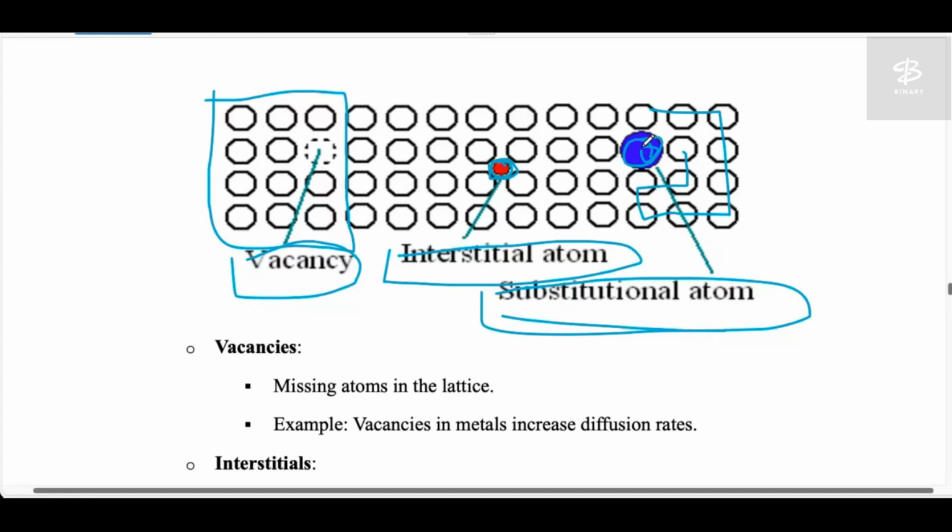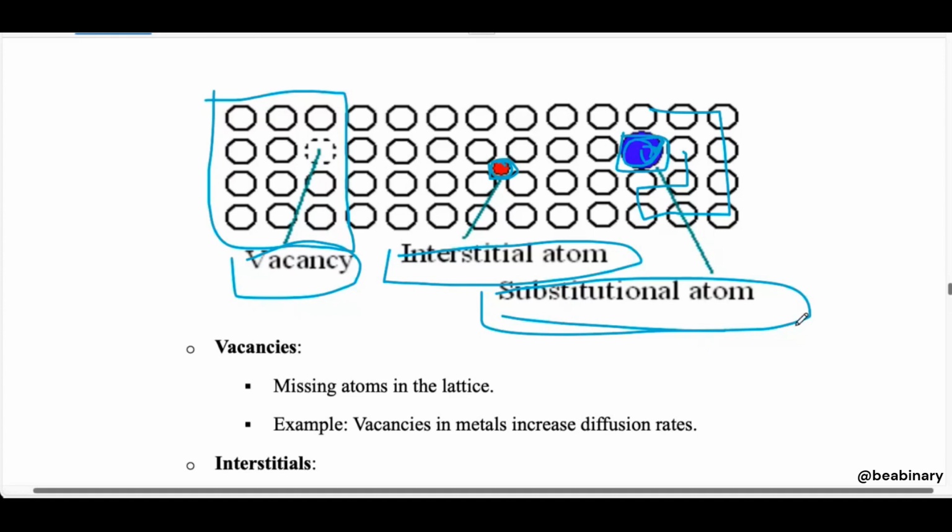Obviously, it depends on what kind of element has come here. If it has less capacity of occupying volume, then it will compromise and decrease the overall packing efficiency. But if the foreign element that has replaced the parent atom occupies more volume, then it will increase the packing efficiency, right?